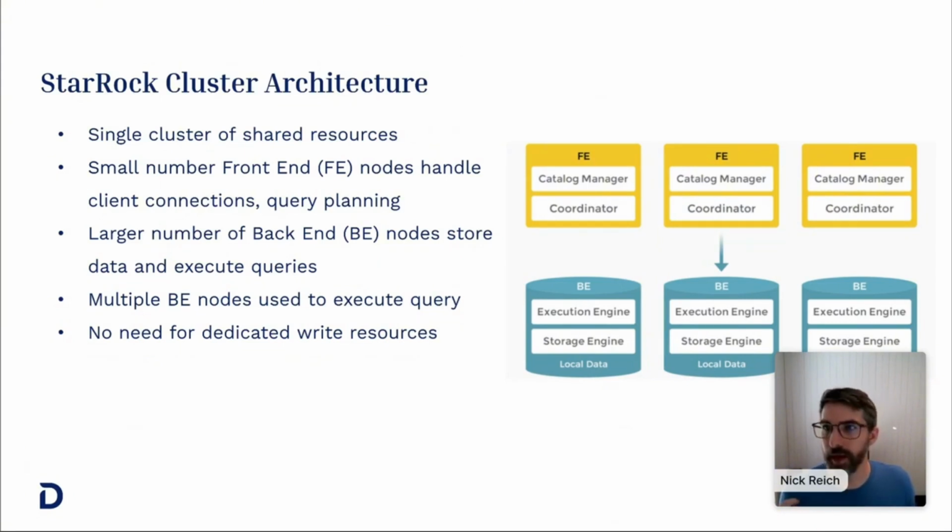And then the compute of those nodes is used to run the queries. Because of this architecture, a query could come in and the resources of multiple BE nodes, really all the nodes that store data that query involved, could be used in executing that query to speed it up. And we didn't need any kind of dedicated write resources. Each BE node was responsible for reading and writing data.